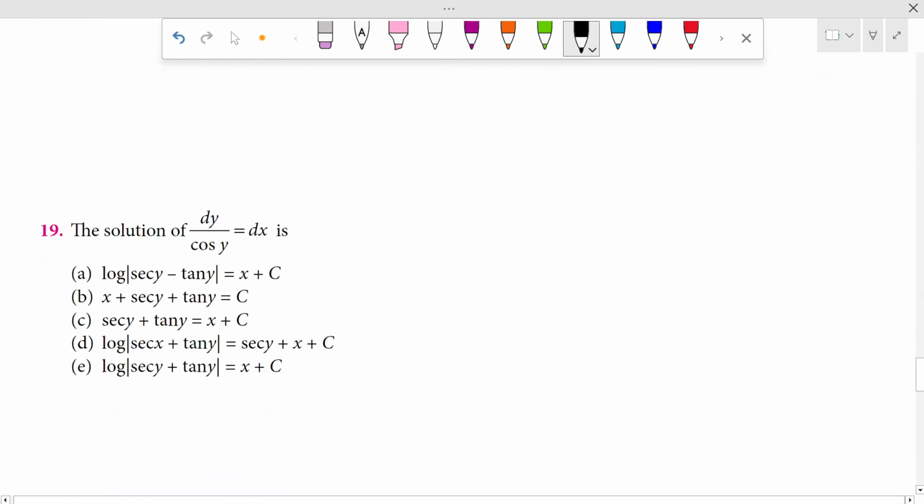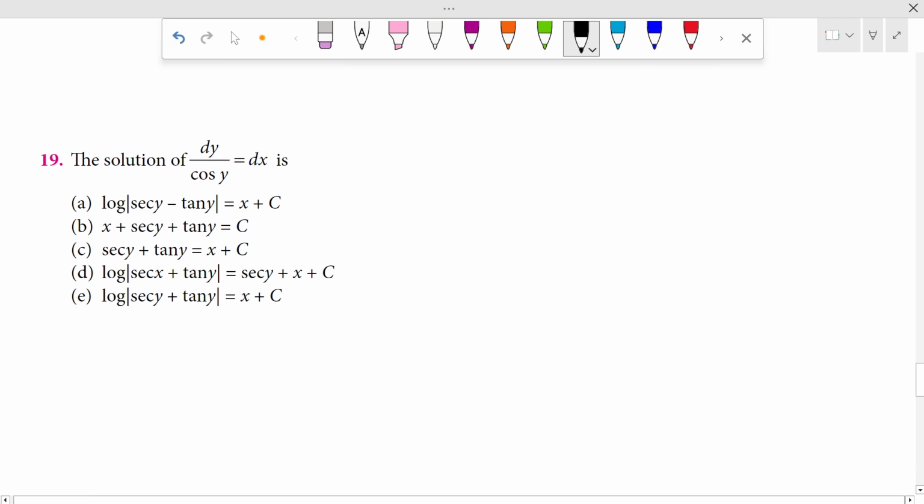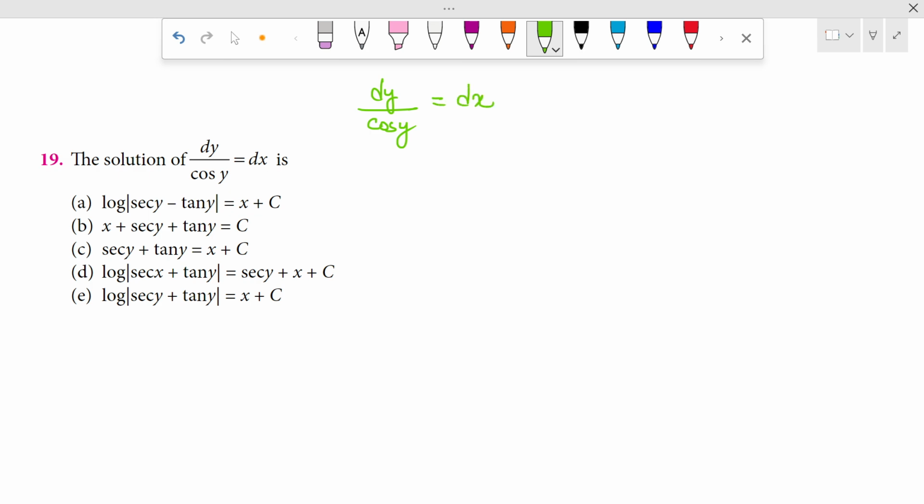Okay. Next question is for us to solve. The solution of dy by cos y is equal to dx is what? So here, if you check, it is in the variable separable form itself, right? So we can look at this like 1 by cos y dy is equal to dx.